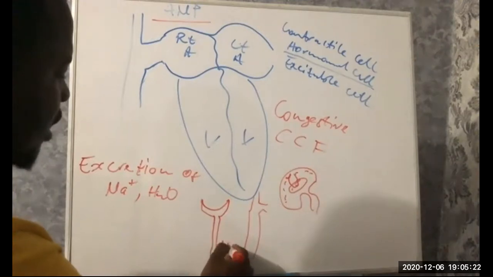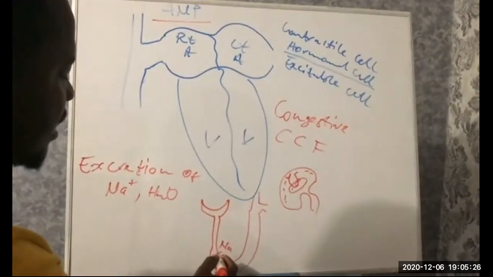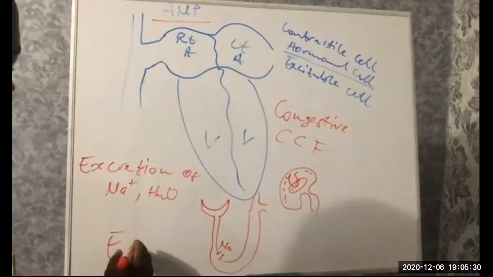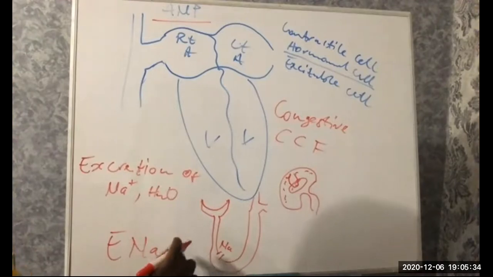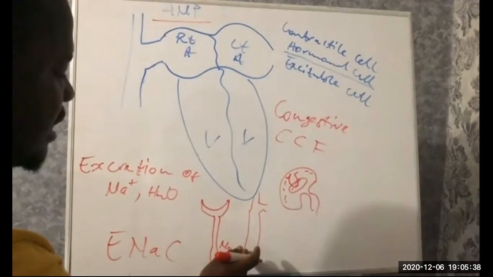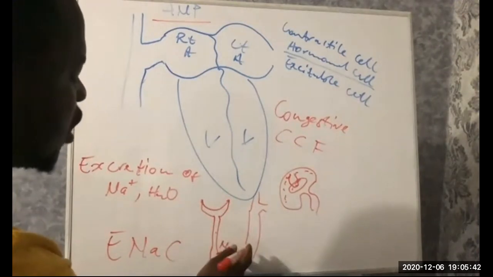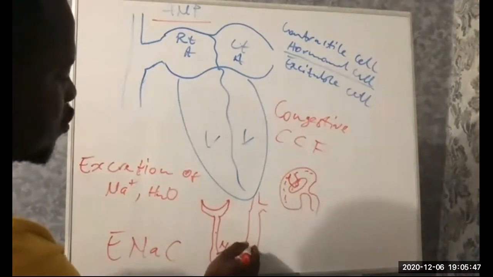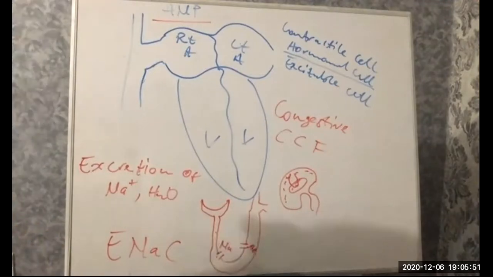electrolytes like sodium, and the channel that they pass through is called the epithelial sodium channel. So sodium will have to move into the medulla, and as the filtrate is getting to this part, because the sodium will be highly concentrated here, water will start moving into the medulla.